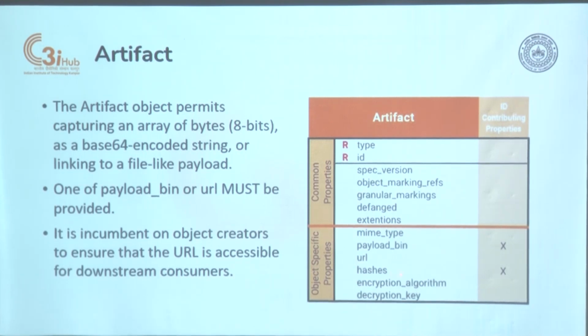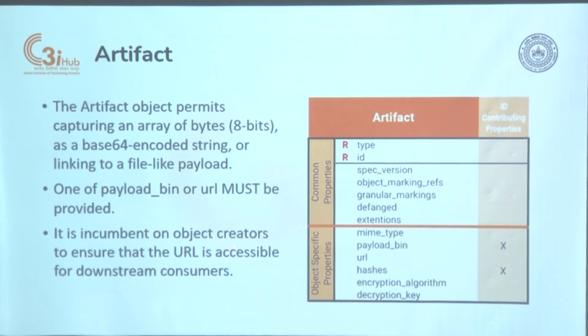So you see that here I can have either a URL or file hash, or I can actually have a payload_bin, which is a base64 encoded string, right. And one of these has to be present. Even though it does not say required, one of them has to be present, otherwise this artifact object is useless, right. So if neither indicates a file nor indicates the binary, right.